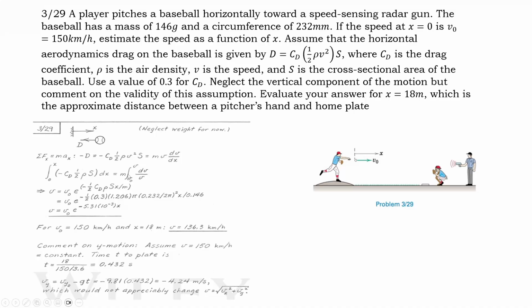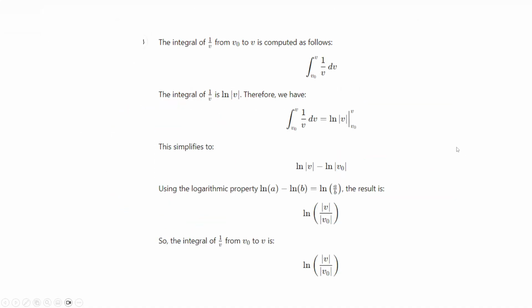Now let us find the integral of this part. So the integral of 1 over v dv will be ln v, from v0 to v, it will be ln v minus ln v0. So we will use the logarithmic property that ln a minus ln b is equal to ln a over b. So the integral will be equal to this. So now we need to get rid of the ln.